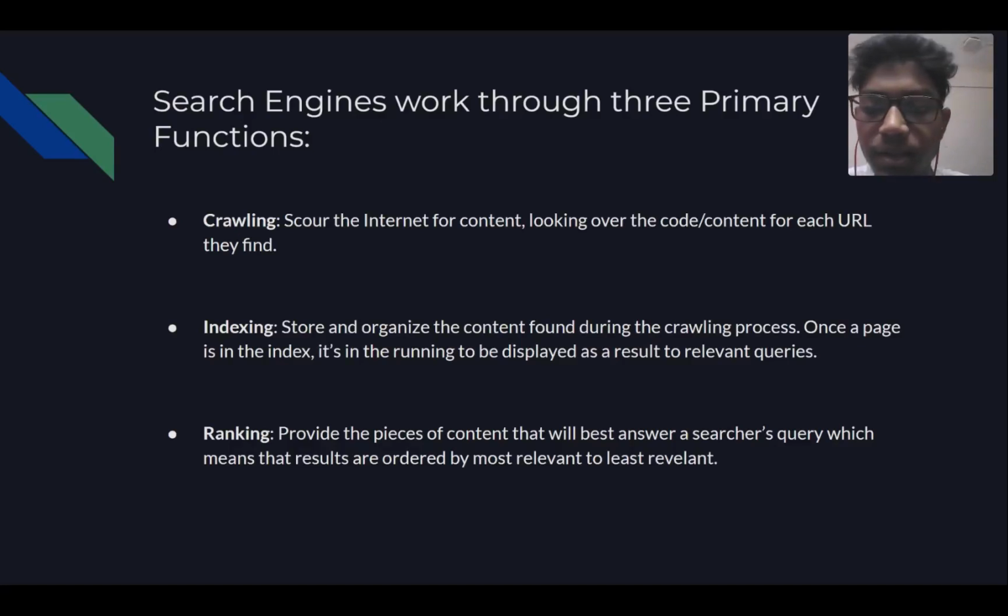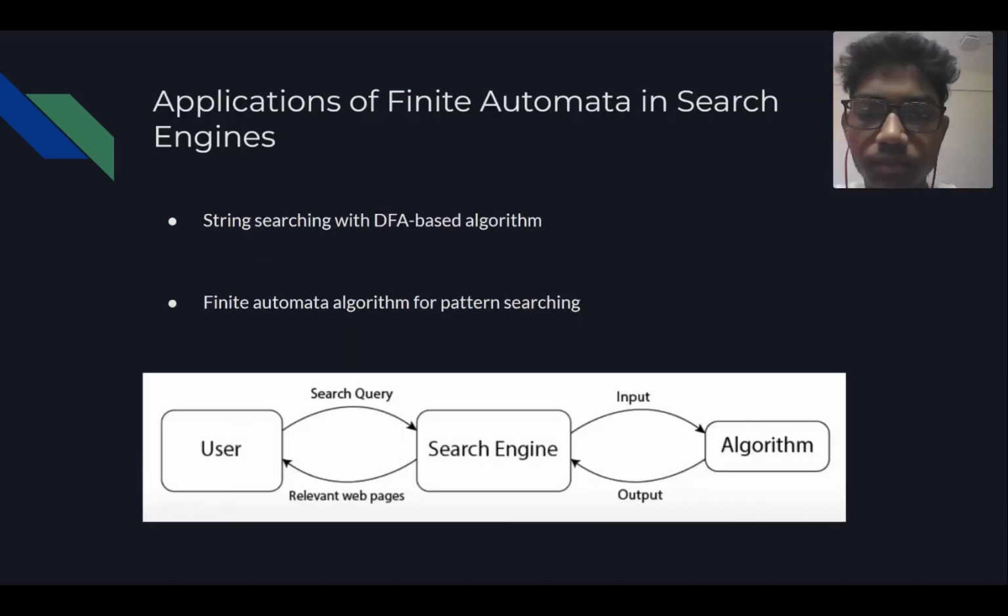Once a page is in the index, it is in the running to be displayed as a result to relevant queries. In ranking, they provide the pieces of content that will best answer the search query, which means that results are ordered from most relevant to least relevant.